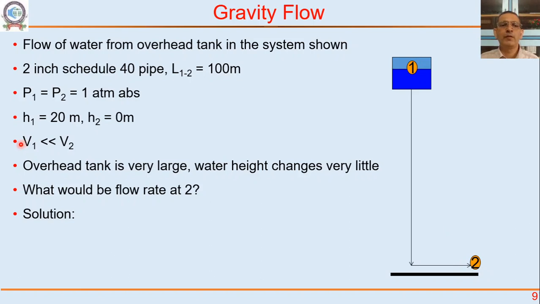Meaning of that is the tank is very large, heights don't change, as if the height is constant. What would be the flow rate at location 2? That's what I would like you to answer. So use Bernoulli equation, use friction factor, all those things, calculate for yourself. Pause the video now.